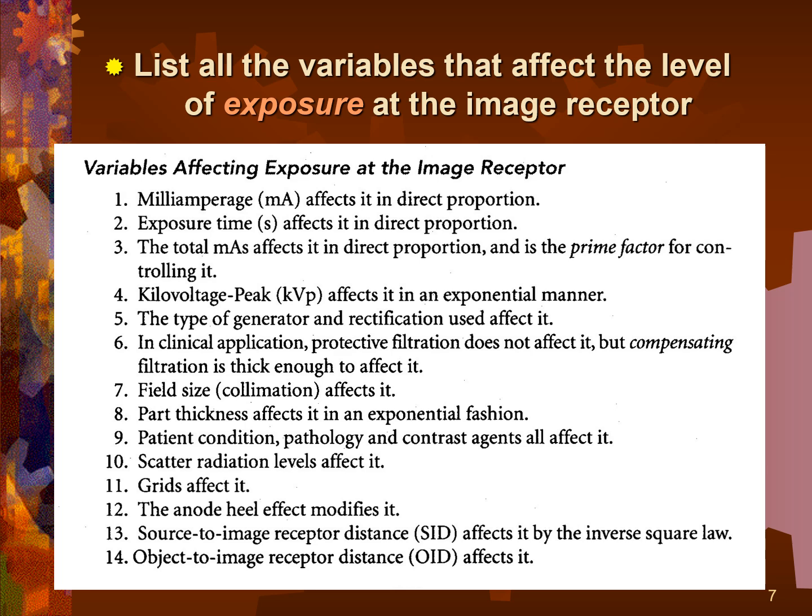In a clinical application, protective filtration does not affect it, but compensating filtration is thick enough to. So what's a compensating filter? Like a wedge filter for a scoliosis series.